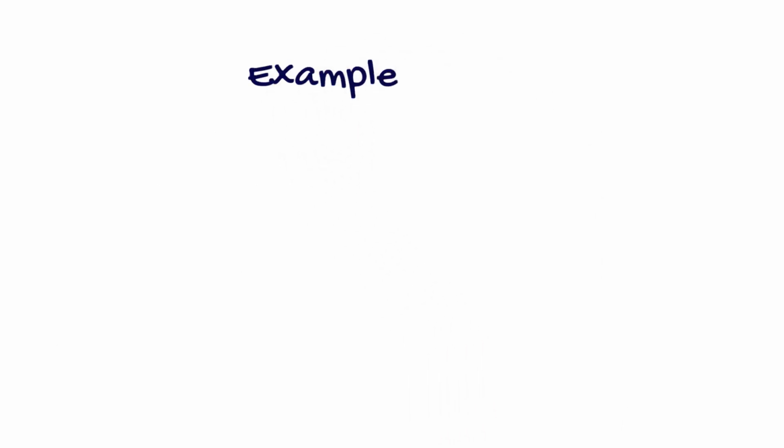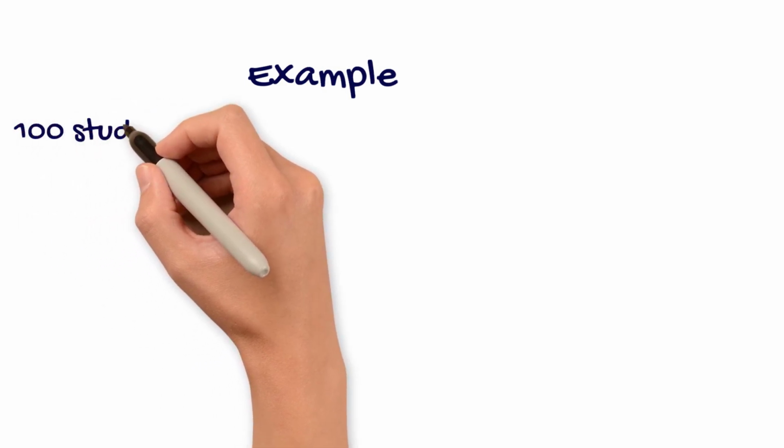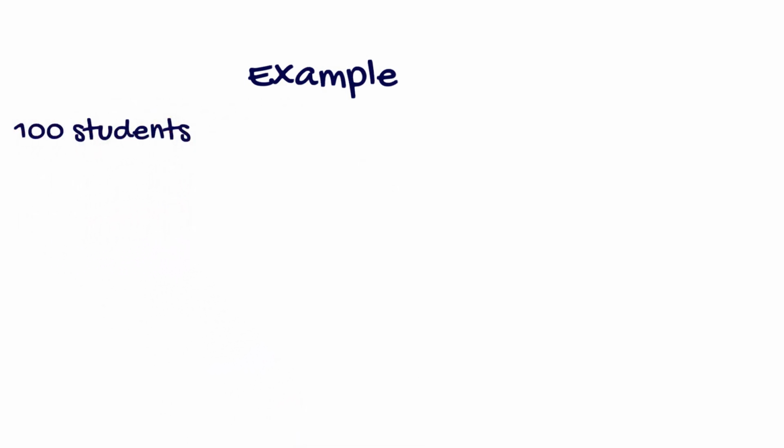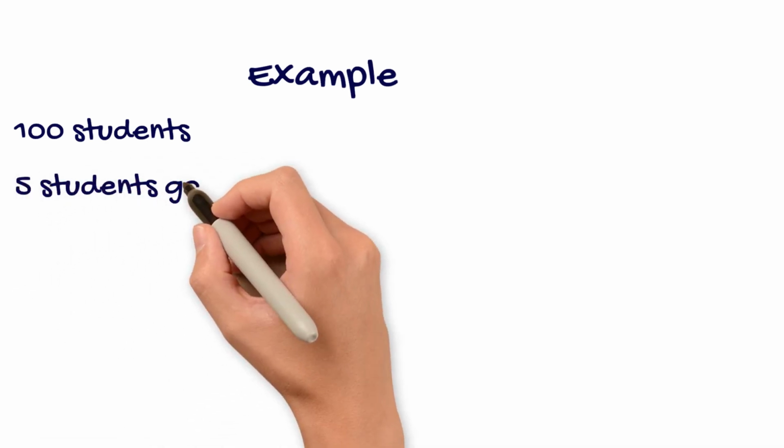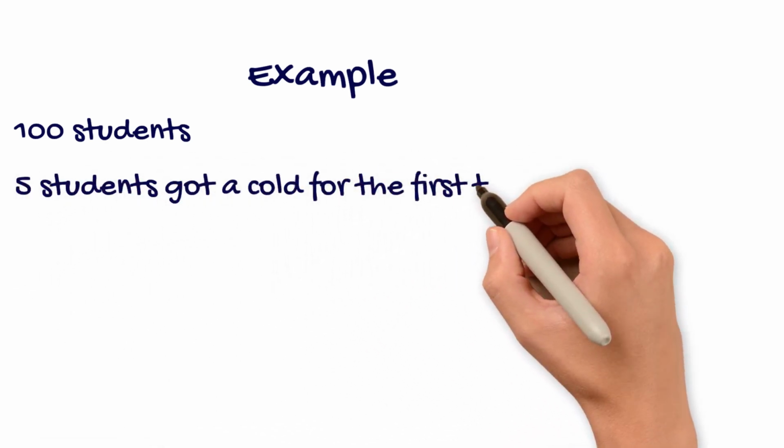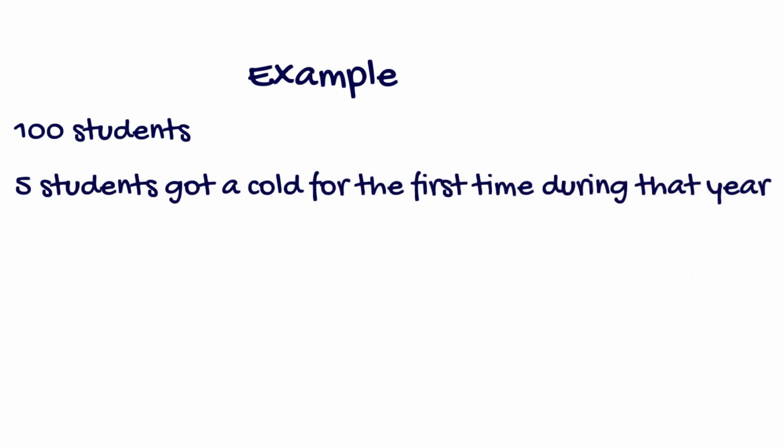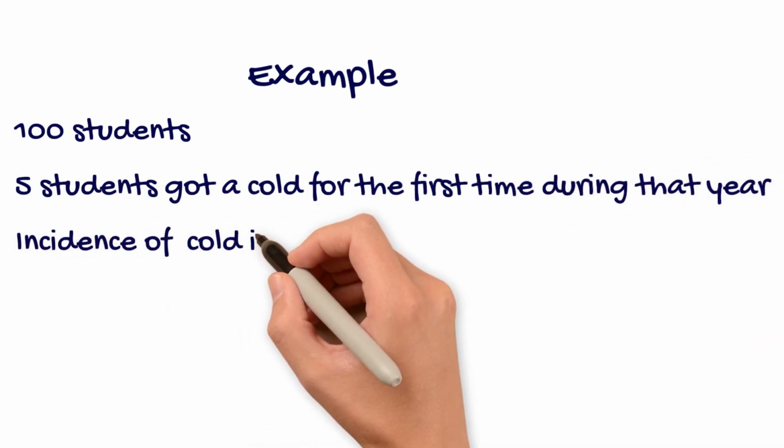For example, we have a group of 100 students who are healthy, and we follow them up during the school year to determine how many of them develop a common cold. If we find 5 students developed a cold during that year, then the incidence of common cold is 5%.